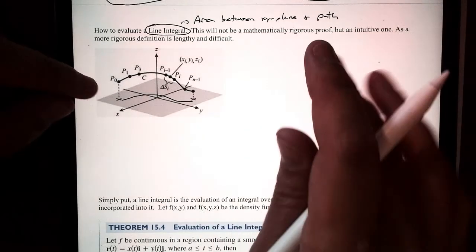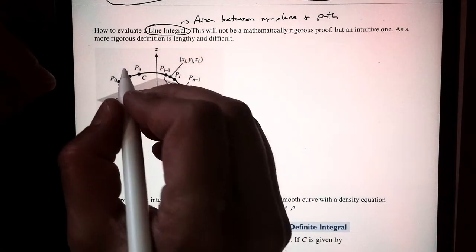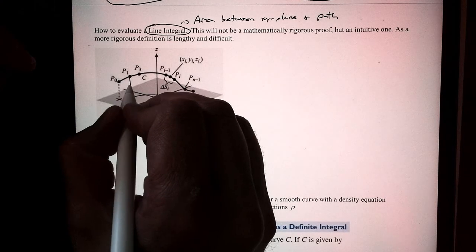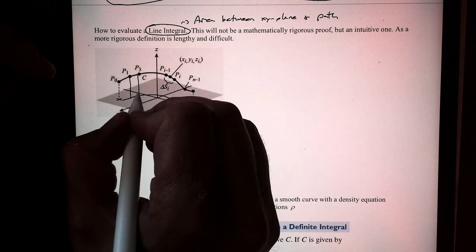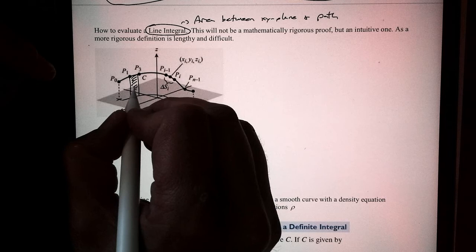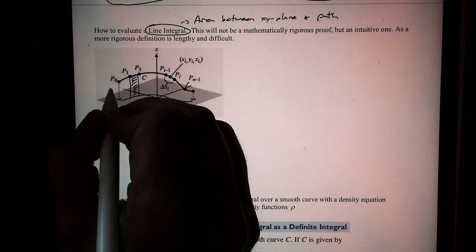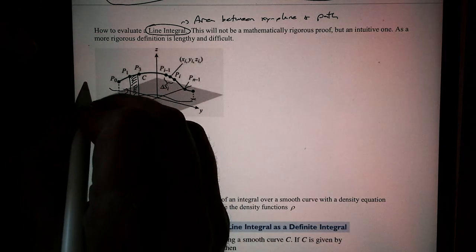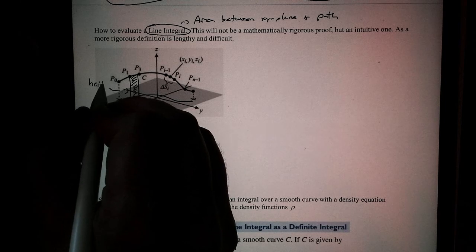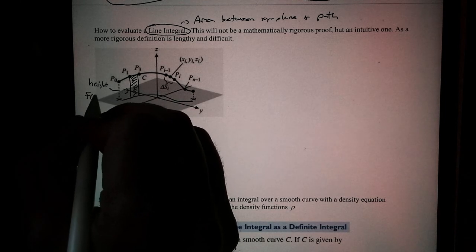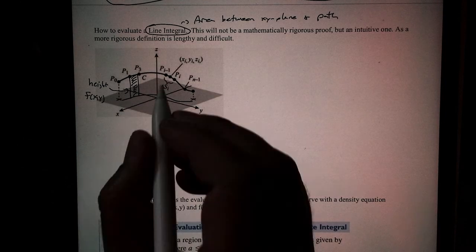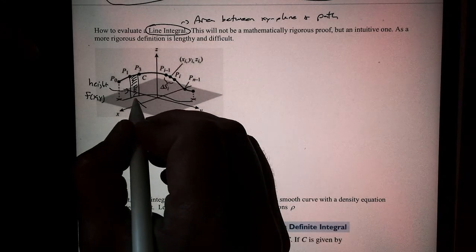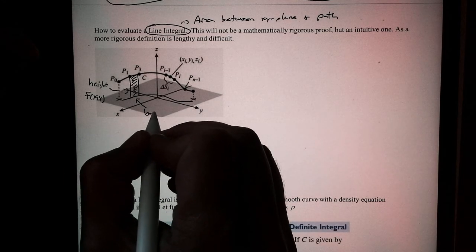Just like in BC last year, or Calculus 1 or 2, we're going to draw a rectangle. We're going to pick two of these points and draw a rectangle. Now about this rectangle, I know some information. One, I know its height is a function of x and y, f of x, y. I also know this base right here, which we're going to talk about.